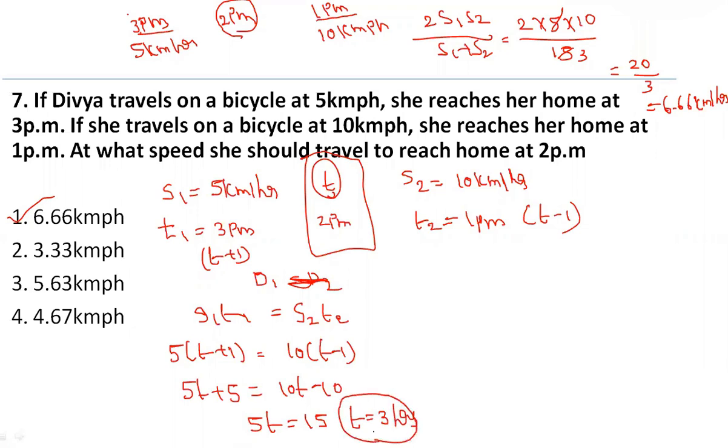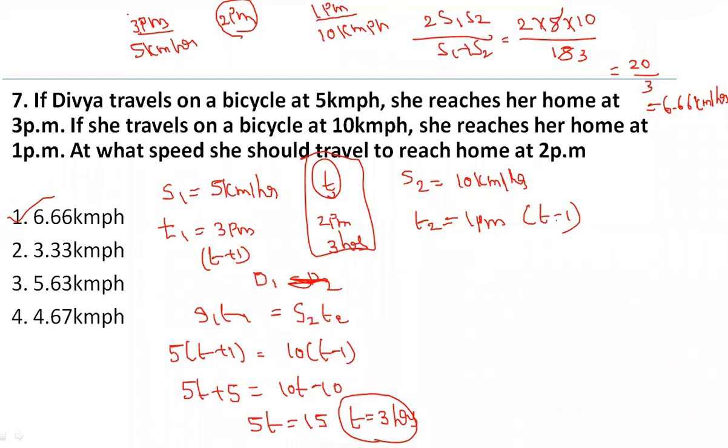T is 3 hours, not 3 minutes. Why 3 hours? Because you have taken it with respect to 1 hour of duration, like t minus 1, t plus 1 means 2 p.m., 3 p.m. and 2 p.m., 1 p.m. conversion. That's the reason t is equal to 3 hours here. T is equal to 3 hours means it's a duration of time. So the actual time duration is 3 hours.